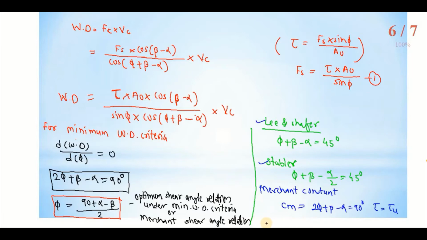If you want to find the net energy utilization, we can get it if we are given the Cm value, suppose 65 degrees.